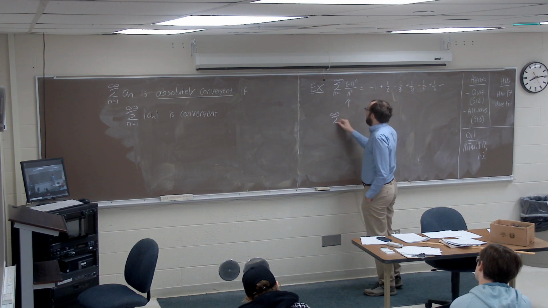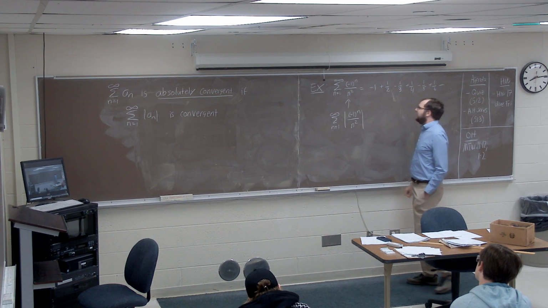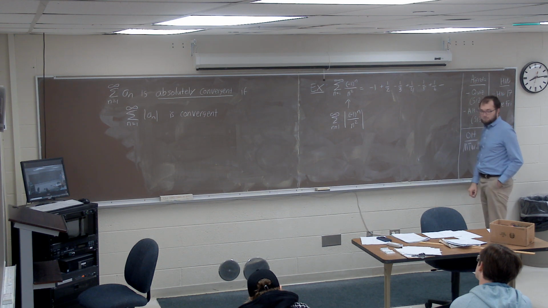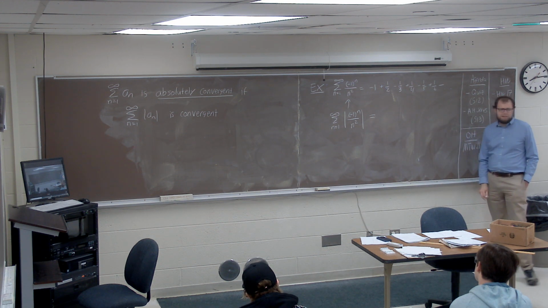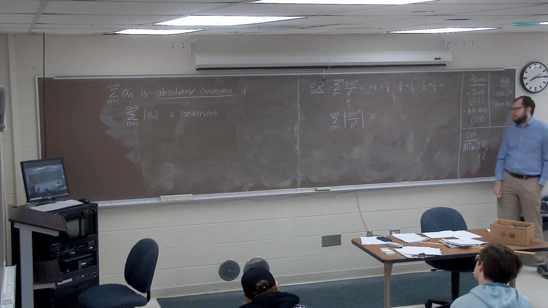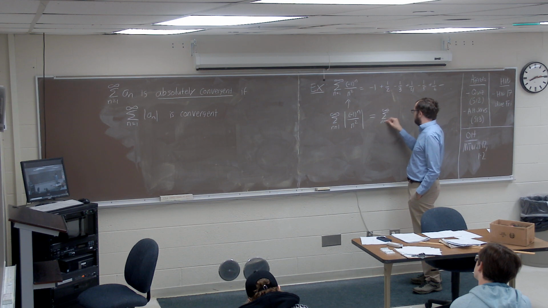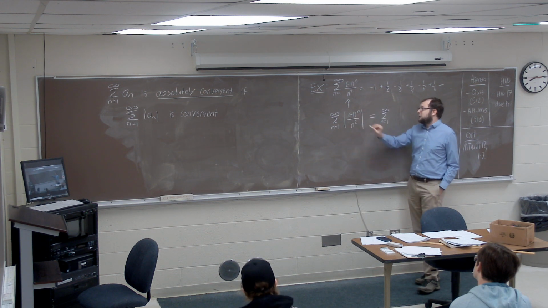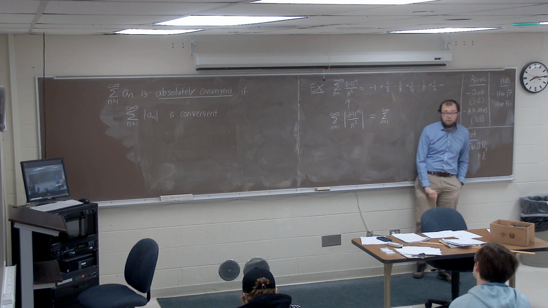So if we were to take the absolute value of every term in this series, what would the individual terms end up looking like? In other words, what would it look like if we took the absolute value of negative 1 to the n all over n squared, and we simplified that?